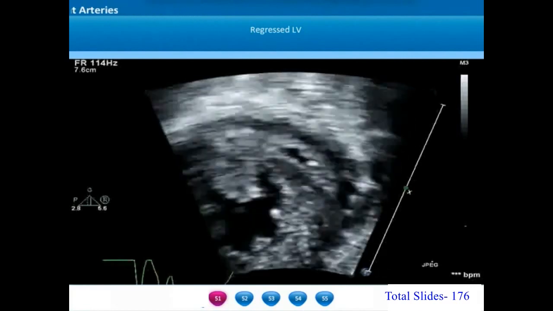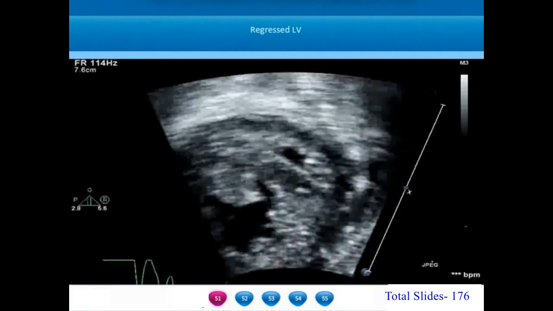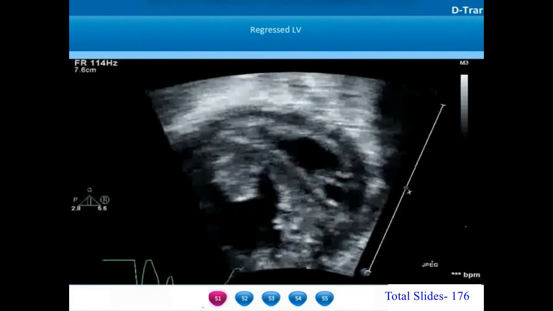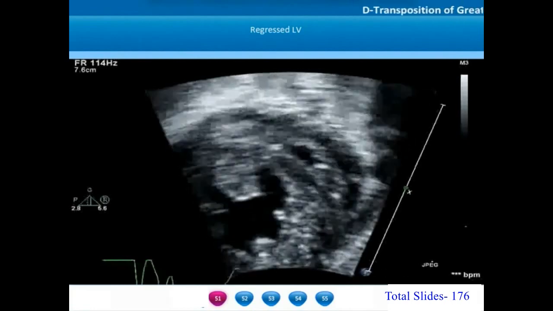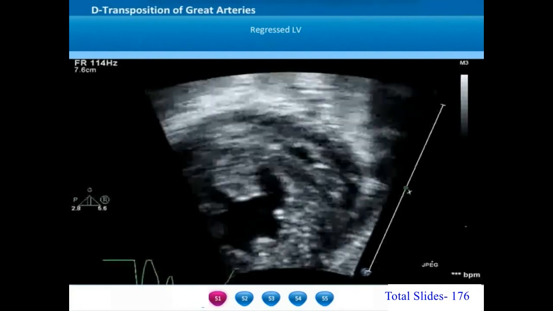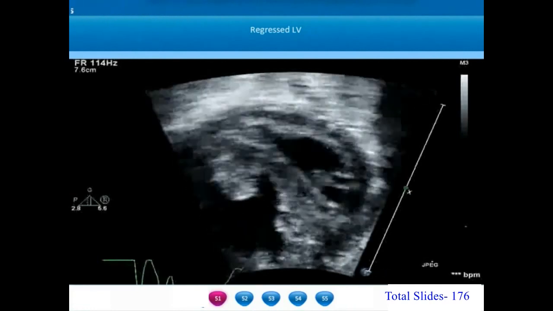When we take a short axis view of the right and left ventricle in extremely apical areas, we will not be able to identify the bowing of the intraventricular septum into the left ventricle. We need to identify the bowing of the intraventricular septum into the left ventricle in more mid and basal areas of the left ventricle.